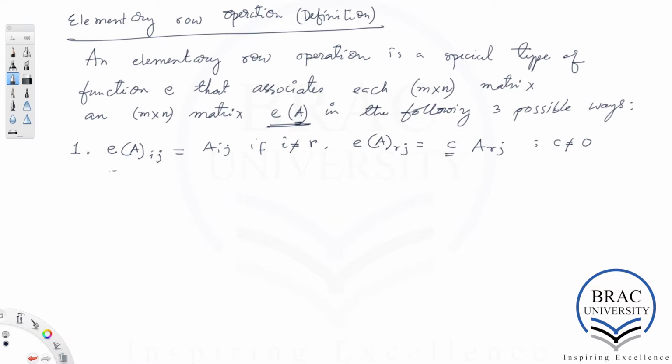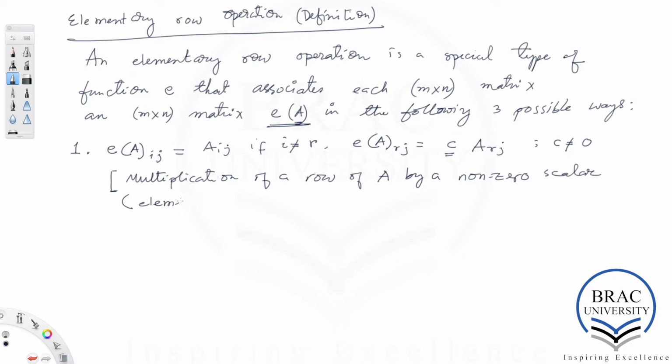So in words I write it as multiplication of a row of the matrix A by a non-zero scalar, and we all know that a scalar means an element from the field F. So that's the first possible elementary row operation.